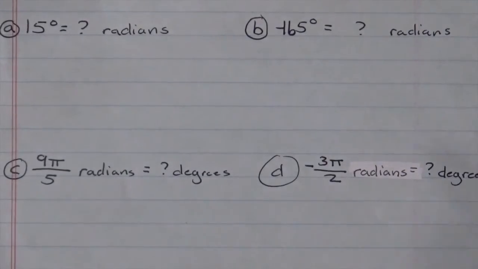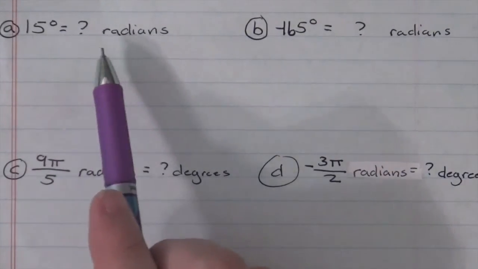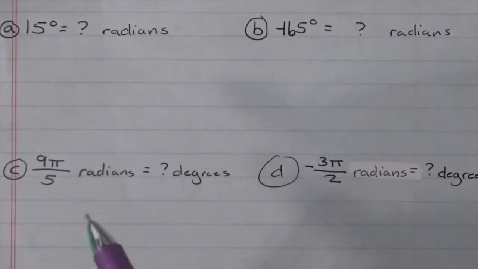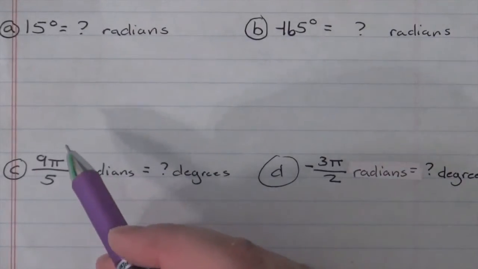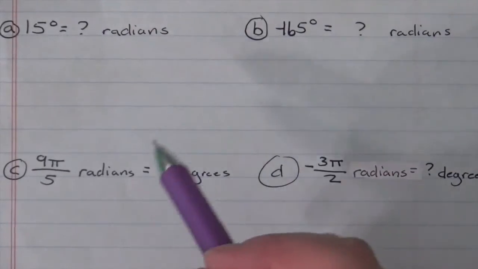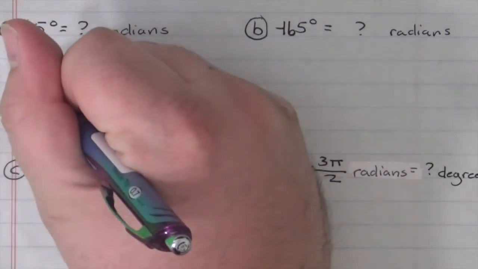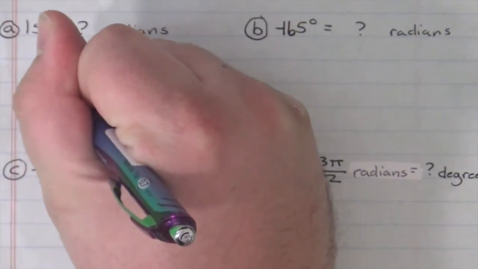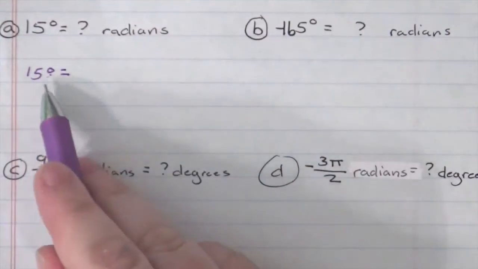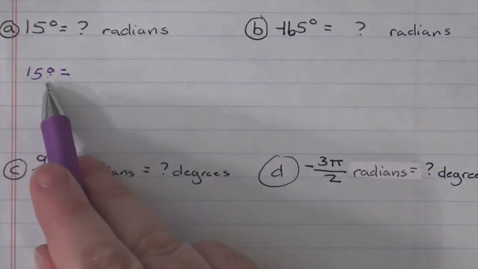What I've given you is I'm asking you 15 degrees is equal to how many radians, and so we need to do some conversions. So what I told you a while ago is that x degrees is equal to x times pi over 180. So let's go ahead and do this. I know what my degrees are, so I'm going to say 15 degrees is equal to, well, what was x? Well, it was 15, okay?